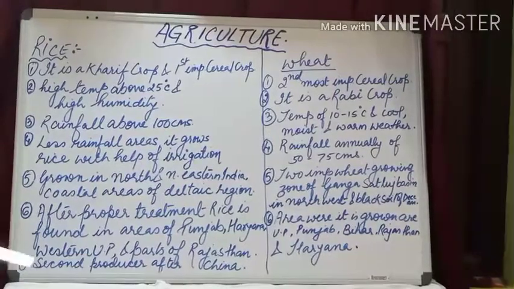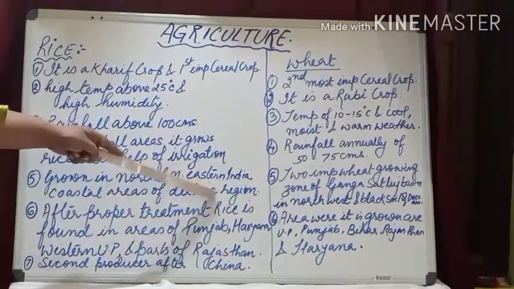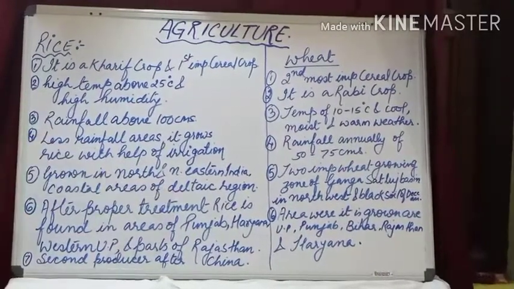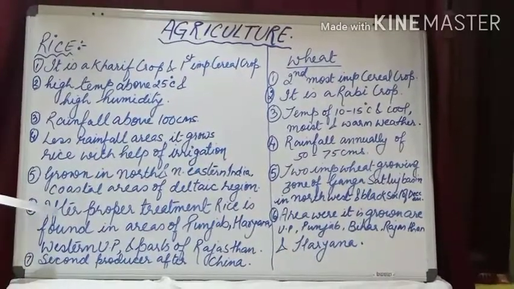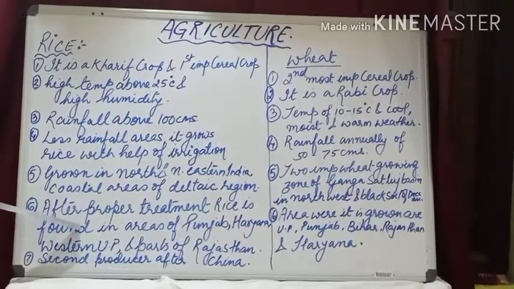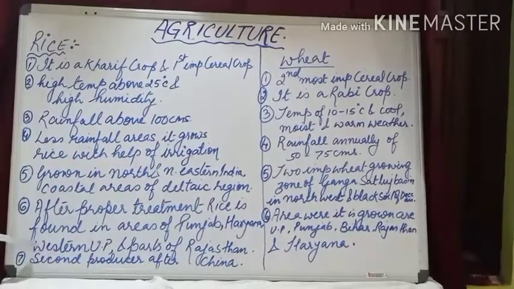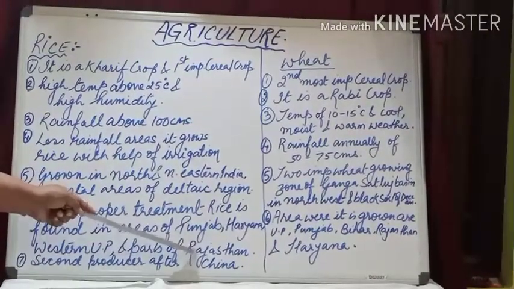and then it is used for agriculture or any type of cultivation. It grows in the north and northeastern India, in the coastal areas of the deltaic region which supports such agriculture. After proper treatment, rice is also found in the areas of Punjab and Haryana, in western Uttar Pradesh and parts of Rajasthan.